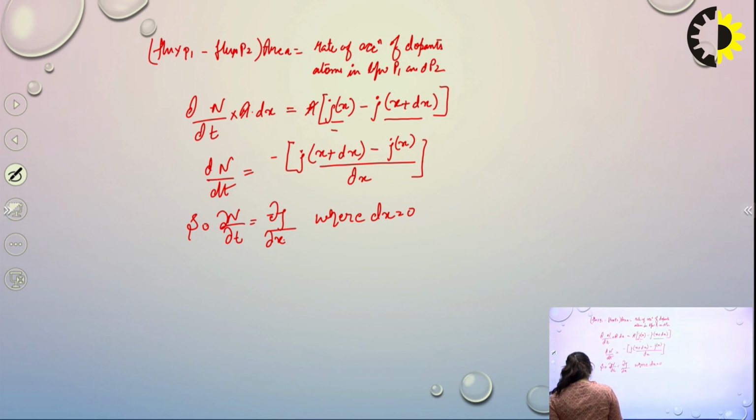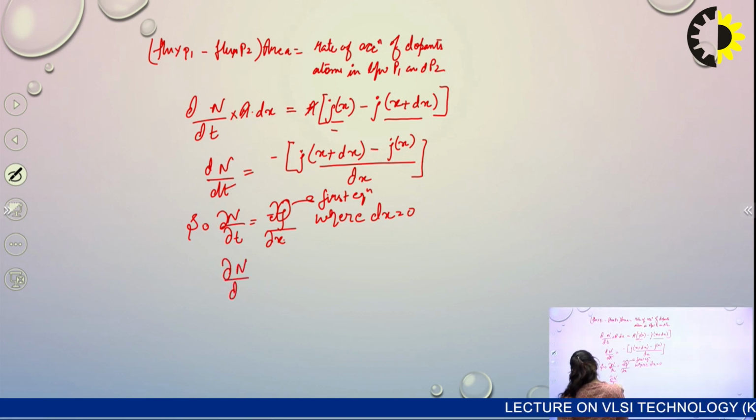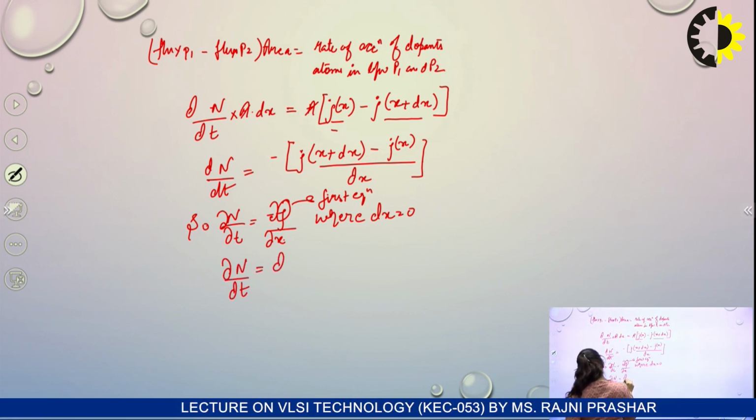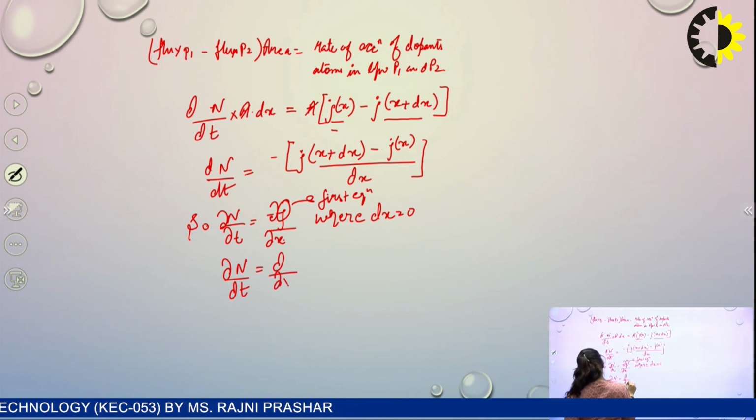Substitute the value of J from equation 1. We are going to have dN by dt equal to d by dx of D times dN by dx.